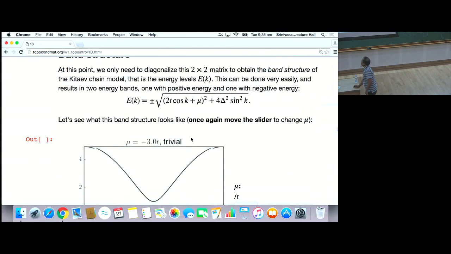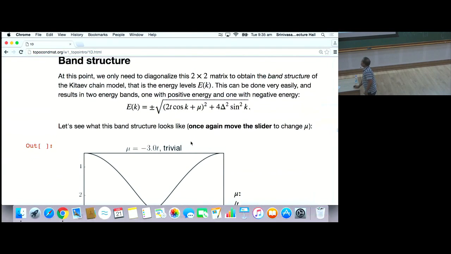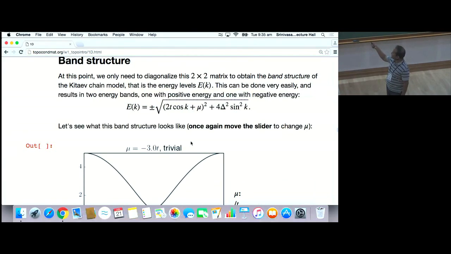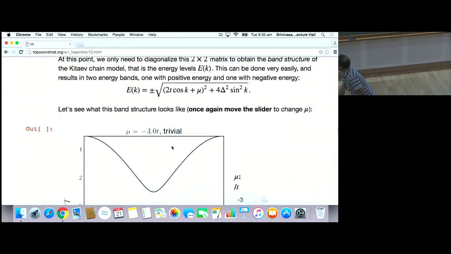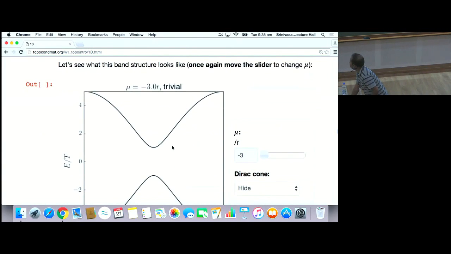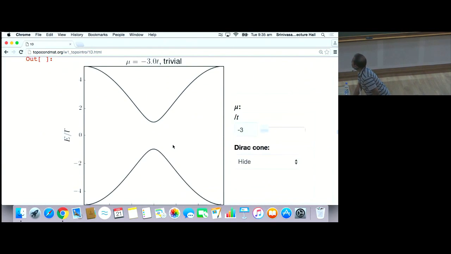So for h of k, we can calculate the spectrum analytically, and it has this simple form. Again, I'll leave you a little bit of algebra to do. And you can just plot the spectrum here.